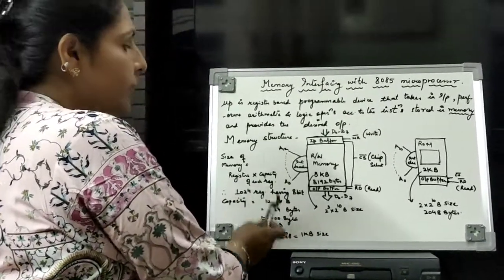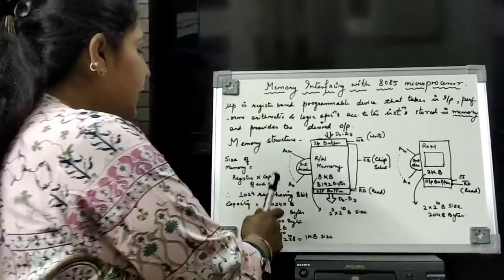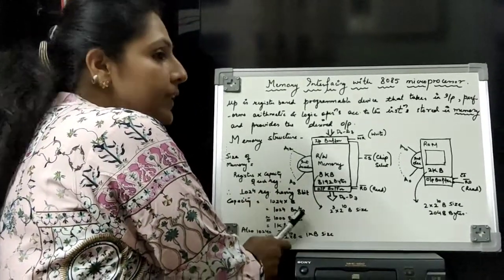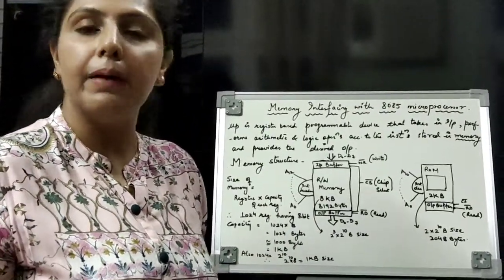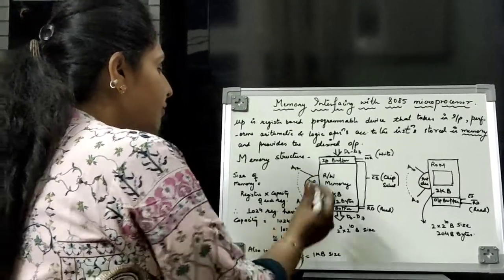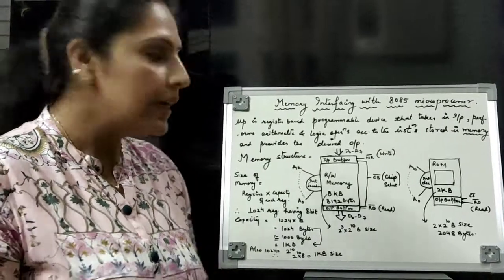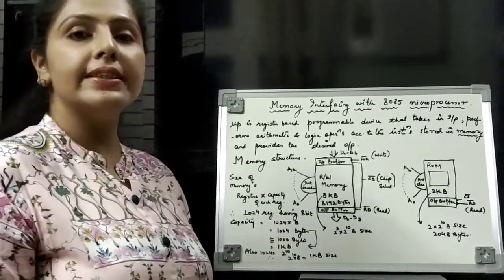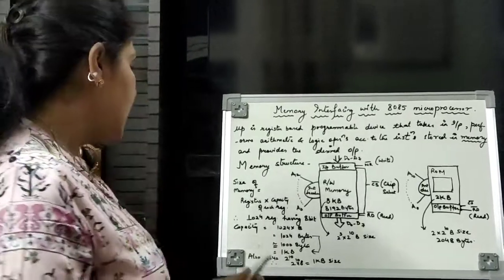This 1024 is approximately equal to 1000, so we can calculate 1000 bytes as 1 kilobyte because kilo is represented by 1000. So that is the reason why 1024 is known as 1 kilobyte of memory.